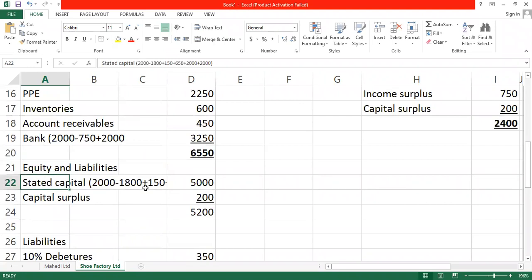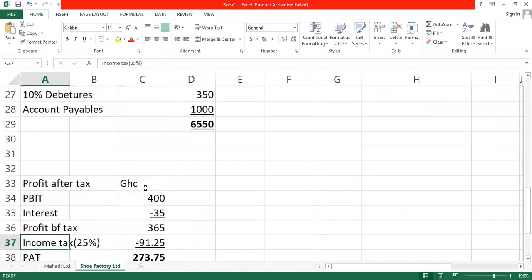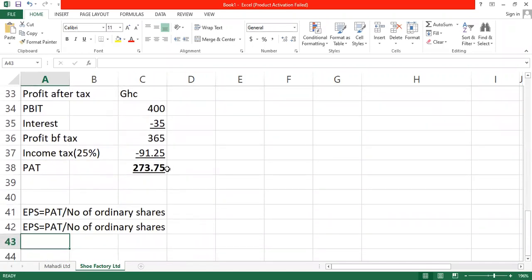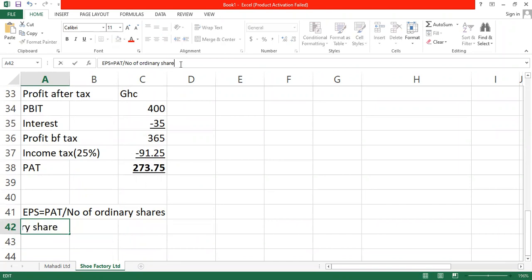These are all at one city, isn't it? Yes. Okay. So this will be the profit after tax, 273.75 divided by 5,000. What is the answer?